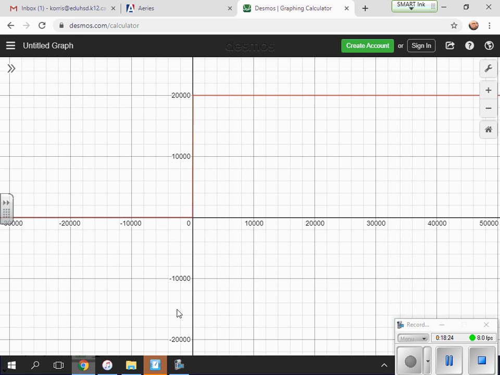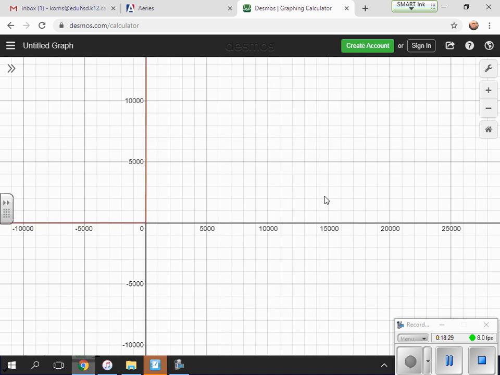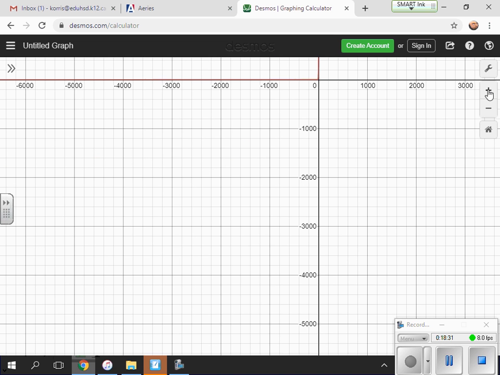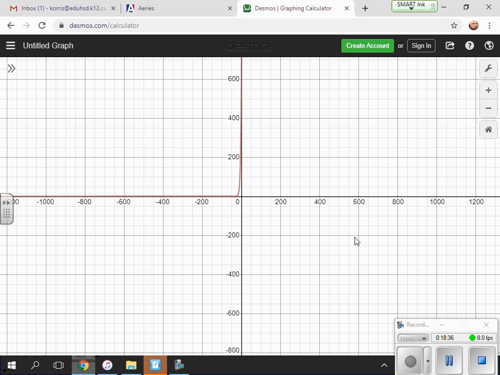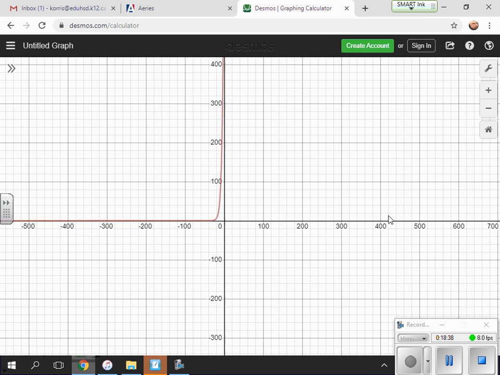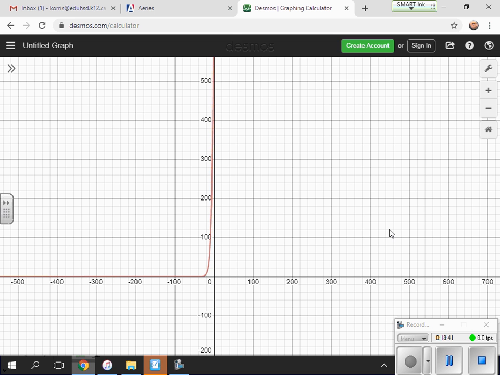No, it's not a straight line. But if you zoom in really far, it does have a curve to it. Those curves are really sharp. This is what happens with an exponential.